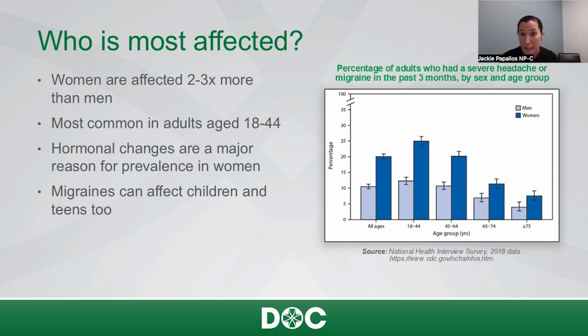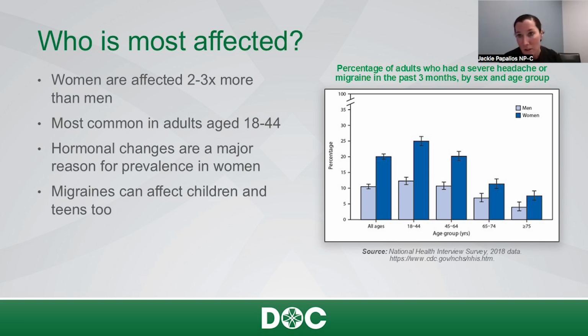Sometimes migraines can get worse in different phases of the pregnancy, and are actually known to get better in some other phases, but tend to ramp back up after childbirth. Contraceptive use can certainly affect migraines, and menopause can as well. Actually, once you get into the menopause phase, typically those migraines tend to get better and less disabling.